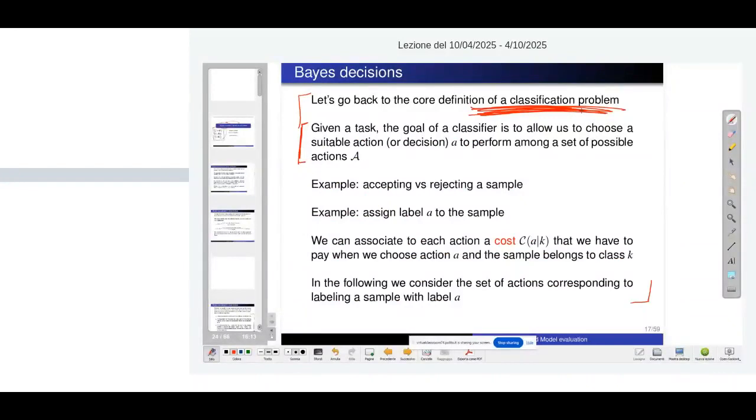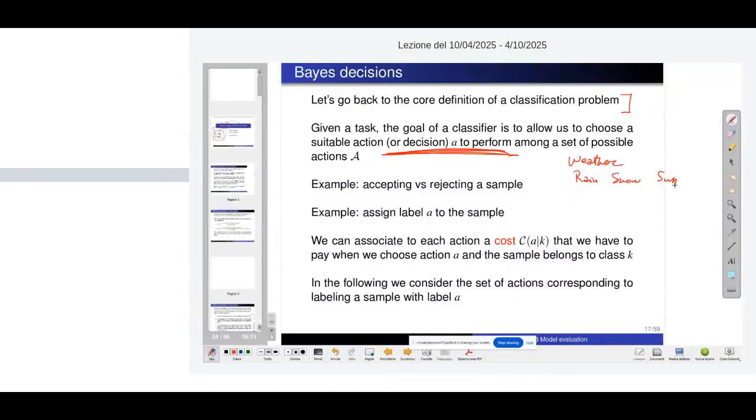Actually, that's not the real story. When we run a classification problem, what we want to do is to decide what to do based on the samples that we receive, which does not necessarily mean that we want to label the samples. For example, imagine it's a weather prediction problem where I can have rain, snow, and sun.